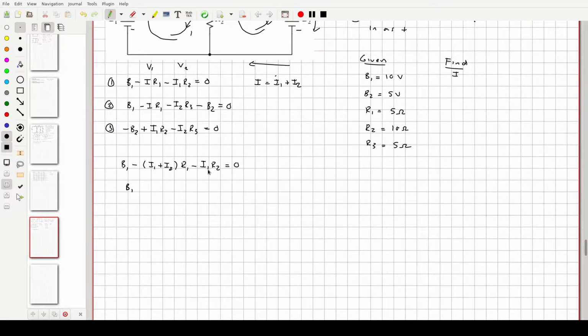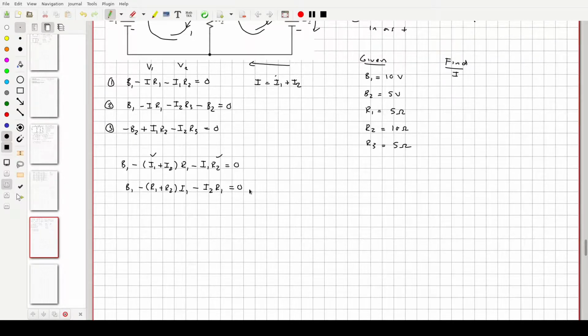This is a minus I1 here, so this would be minus R1 plus R2 times I1. That takes care of this part, and then what I'm left with is a minus I2 R1, and that's equal to 0.